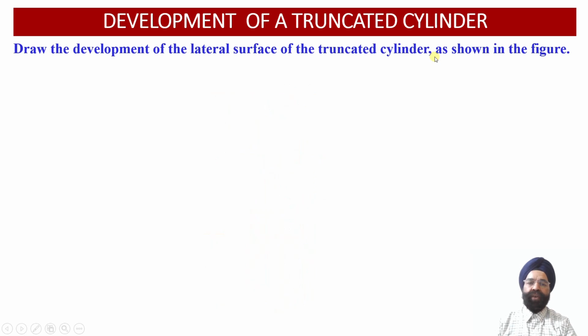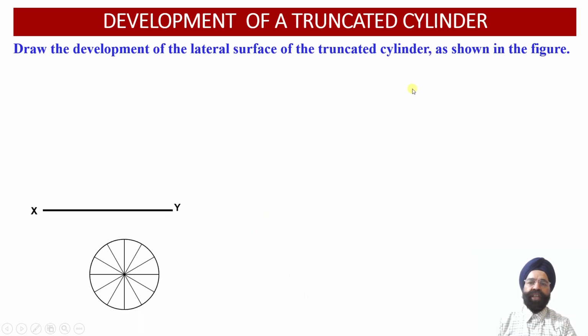So now let us proceed to evaluate the orthographic projections of the cylinder. As the cylinder rests on the horizontal plane on its base, which is 40 millimeter in diameter, in the top view we are going to obtain the circular projection of the cylinder onto the horizontal plane, which will be drawn below the XY reference line.